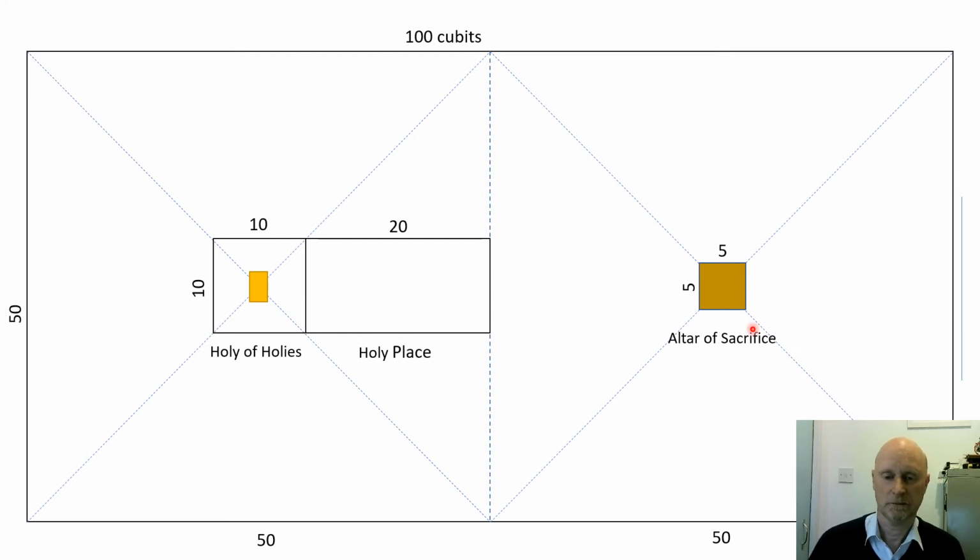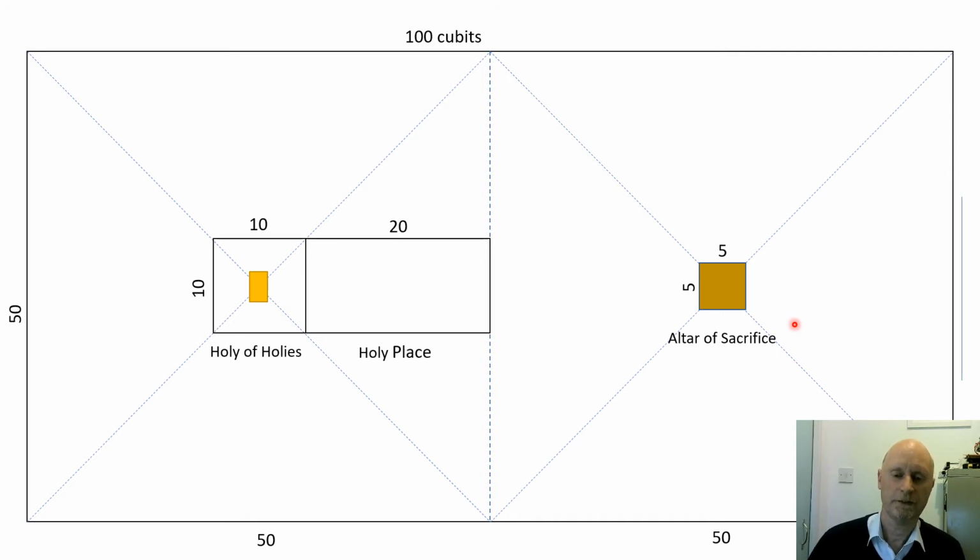And I think this does talk of Jesus's body going down to the earth or to hell, and being raised again into the heavenlies, and I think both the ash and the smoke going up speak of that. Anyway, we've got Jesus's perfect sacrifice for sin spoken of by the altar of sacrifice.